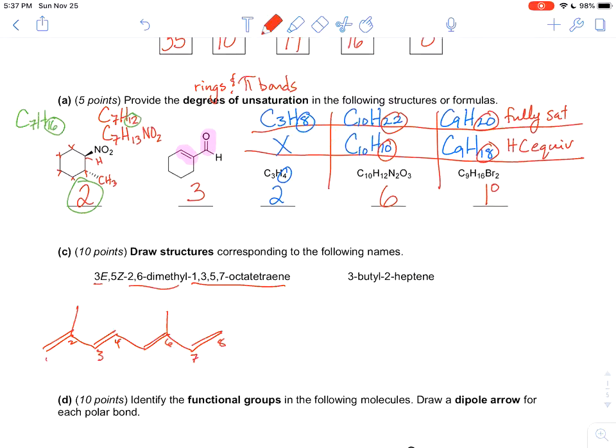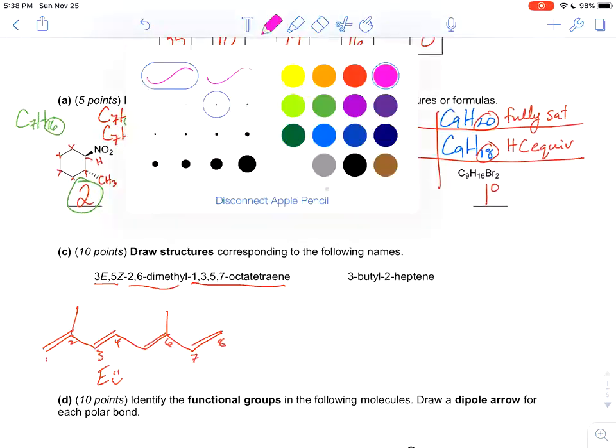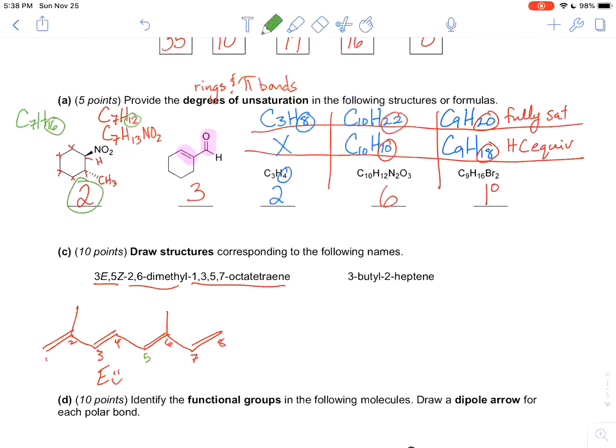And then we need to make sure our stereochemistry is good. On 3, this is already E. We have the 2 high priority groups on the opposite side of that double bond, so that's looking pretty good. Then we need to look at number 5, and this is for carbon 5.